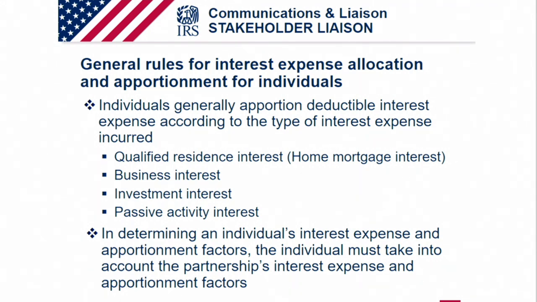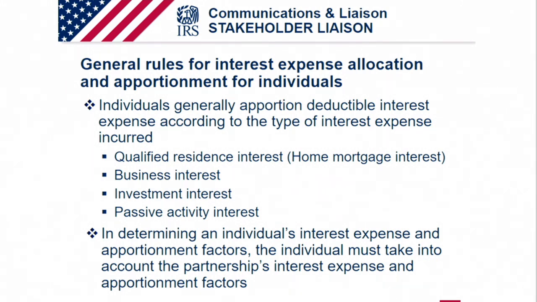Individuals have special rules for apportioning interest expense that differ from the rules that apply to corporations. Individual taxpayers apportion deductible interest expense amongst the various categories, what we call baskets of income. Some of these are general and passive, among others, and that's based on the type of interest expense.